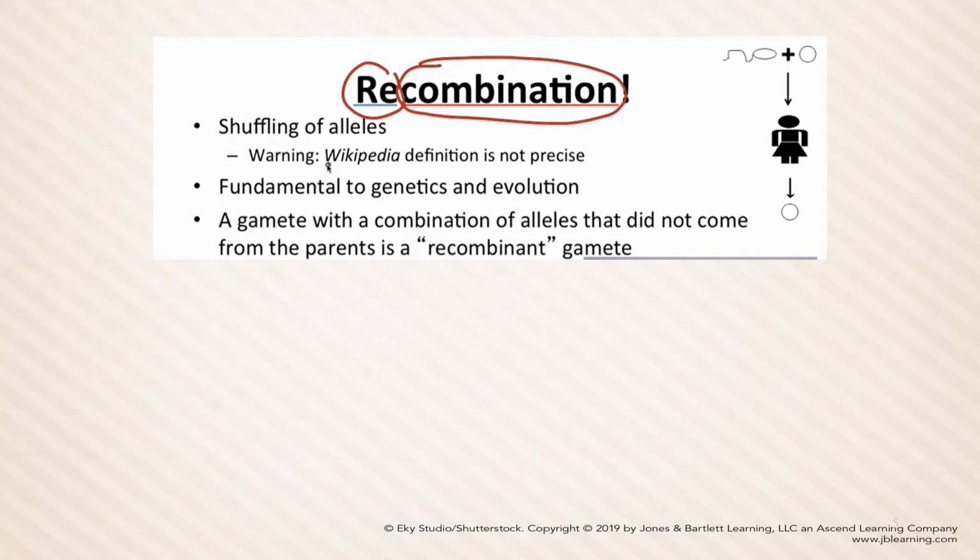So now we're going to talk about recombination. This word is divided into re and combination. So in other words, it is the shuffling of genes. And remember, Wikipedia is wonderful for some things, but sometimes it's not precise. I want you to remember that this recombination, the mixing, the creation of genetic variation, is fundamental for both genetics and evolution, and we will see that prokaryotes use different mechanisms.